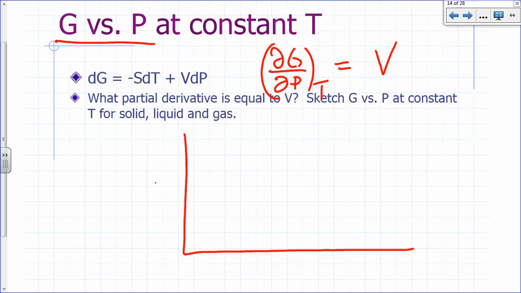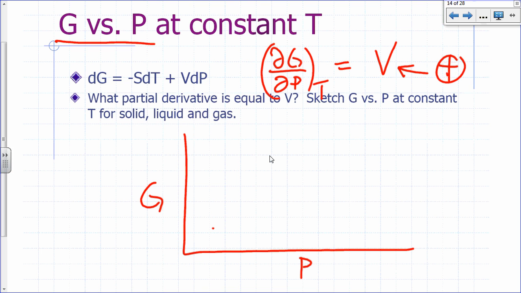So if I were to ask you to plot G versus pressure at constant temperature, what would it look like? The slope is equal to V. So is the slope going to be positive, negative, or zero? Volume. Can volume be negative or zero? So the volume is going to be positive, so you're going to have a positive slope. It's going to be sloping upward.